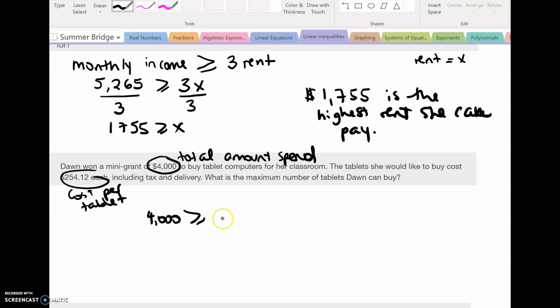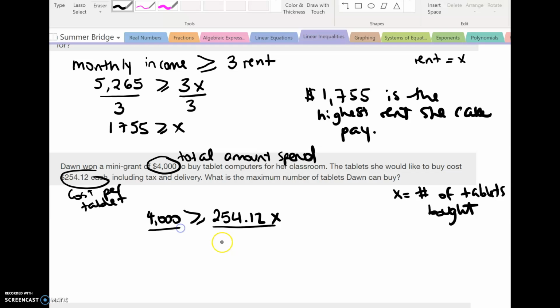Okay, so I'm going to do 254.12, which is the cost of each tablet, times the number of tablets. And I'm going to say X is going to equal the number of tablets bought. So times X.